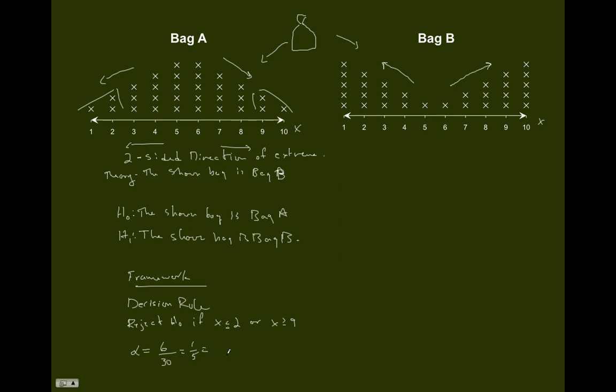I could write it as a percentage, 20%. So alpha is 20%. So 20% of the time using this decision rule, I would be making a type 1 error when I rejected the null hypothesis.